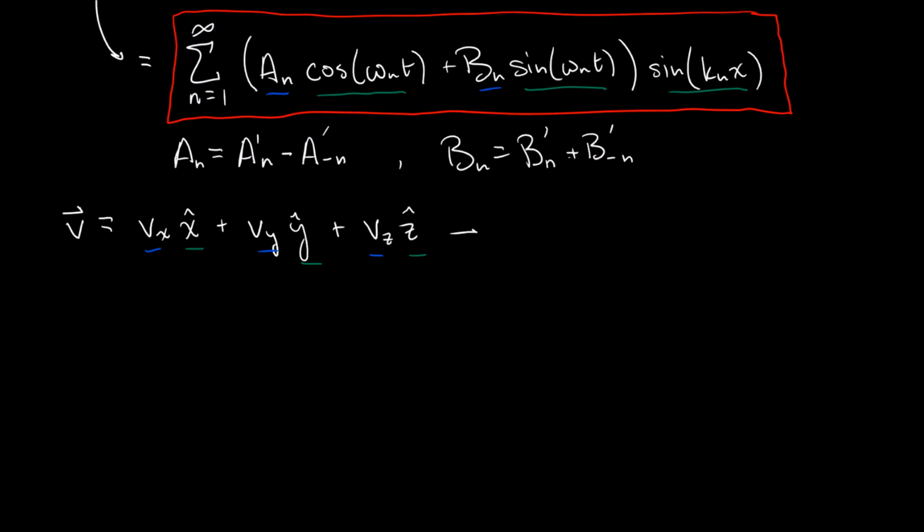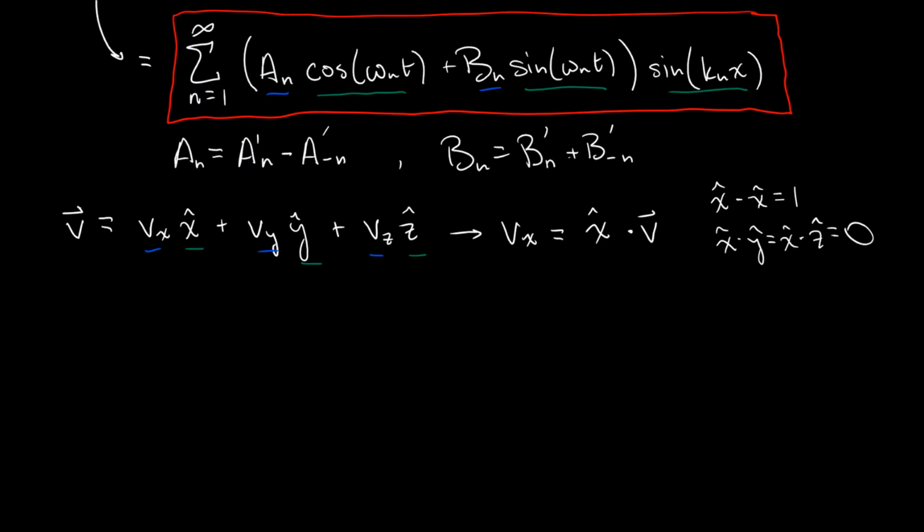Now, in this case, I can, say, pick out V sub x by just projecting my vector onto one of the basis functions, or I guess this should be x hat. I'll call this x hat. Because I know that x hat dot x hat is equal to 1, x hat dot y hat is equal to x hat dot z hat is equal to 0. In other words, these are all orthonormal.